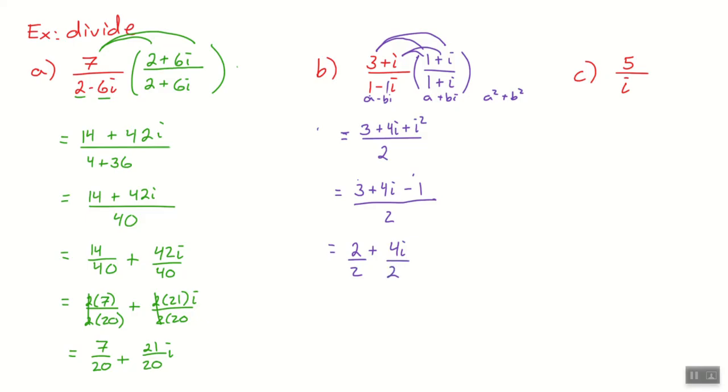Because we're going to have to split it up anyway. I may as well just do it now. Somebody's looking at that and maybe not liking it. You can do a single 2 here. That's okay. I think it's easier to simplify here. What's 2 over 2? Plus, what's 4 over 2? And there's one more thing left. i. We get 1 plus 2i.